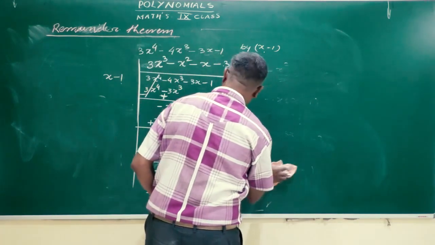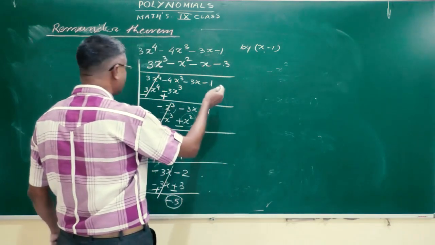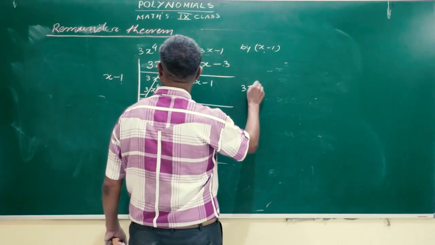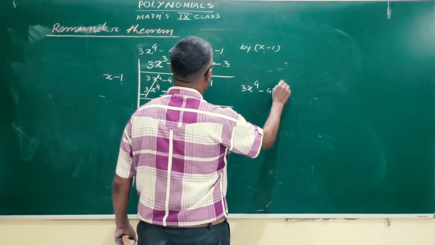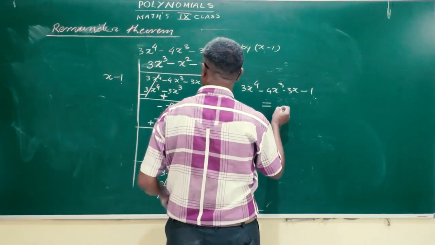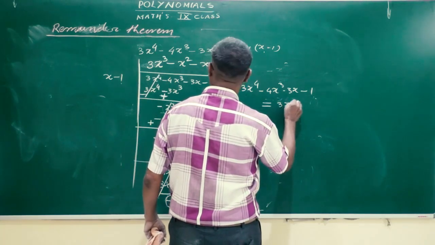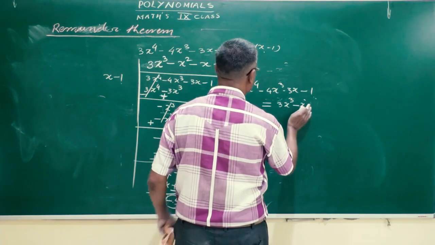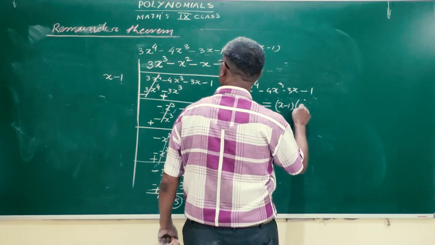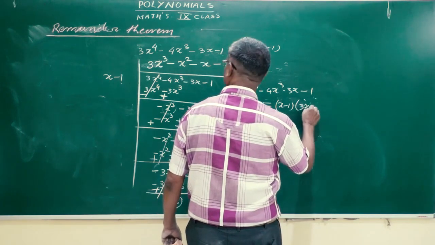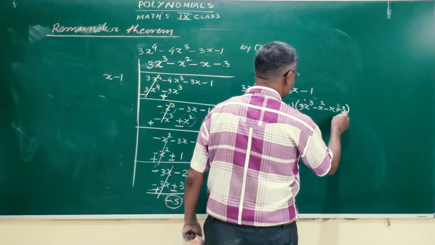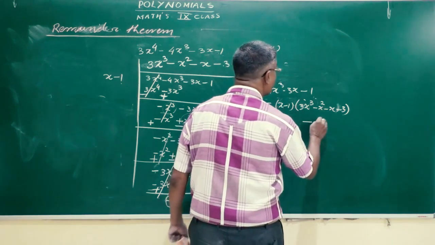We can write this in the form: 3x raised to the power 4 minus 4x cube minus 3x minus 1 can be written like this, that is x minus 1, the divisor, into 3x cube minus x square minus x minus 3, minus 5.